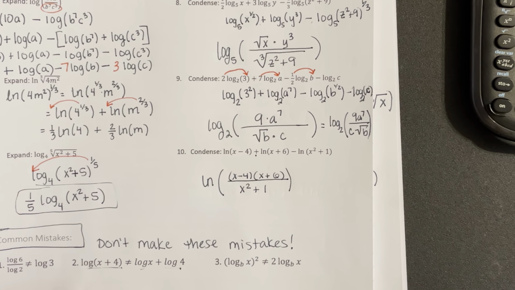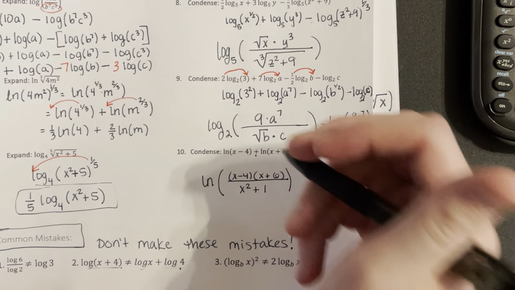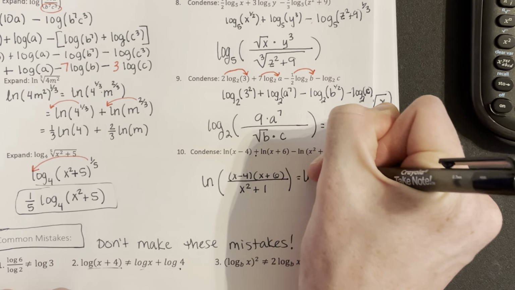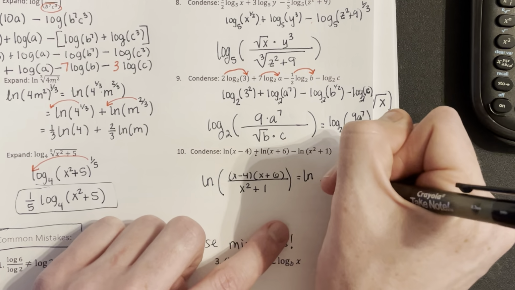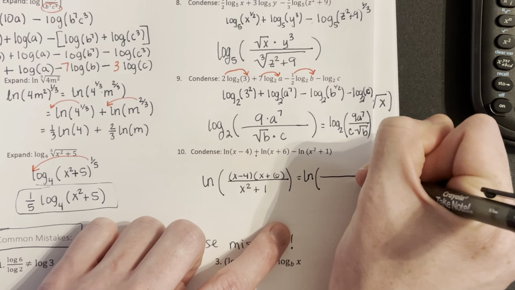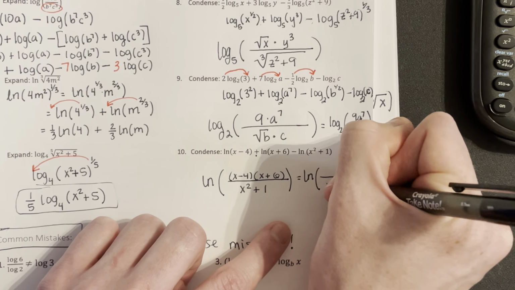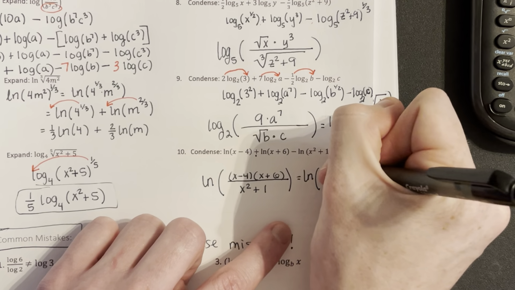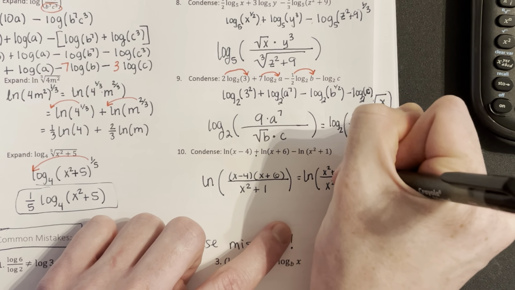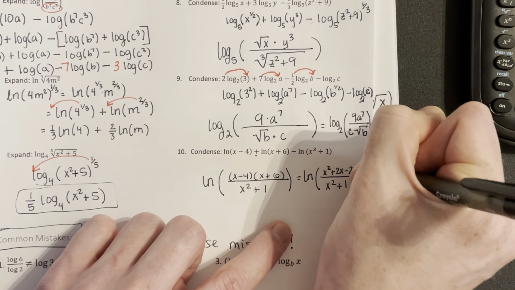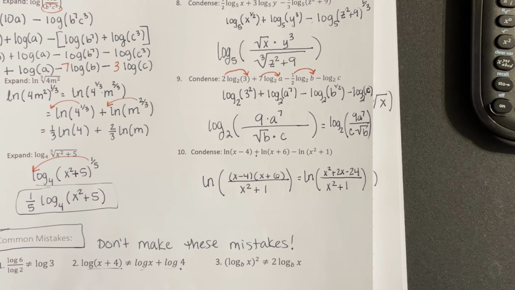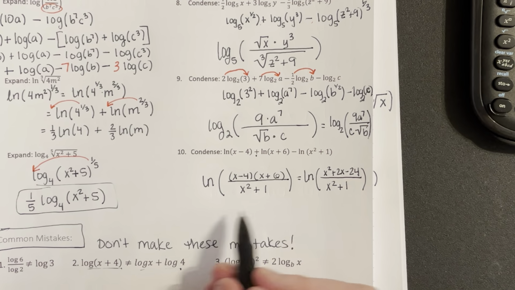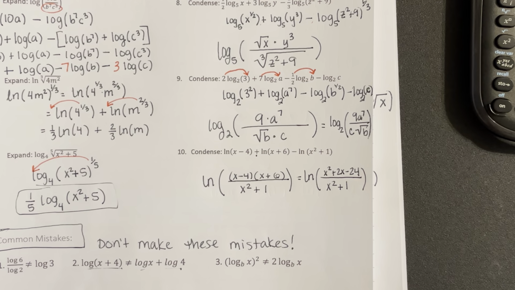So it would be okay to leave it that way. You also might see it where it's multiplied out. Not really expanded out, but multiplied. So x squared plus 1, can't do anything on that in the bottom, but I could multiply the numerator to be x squared plus 2x minus 24. Both of those would be considered acceptable forms.